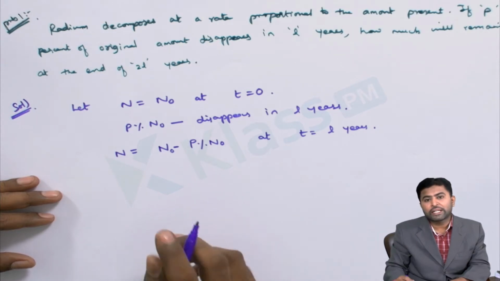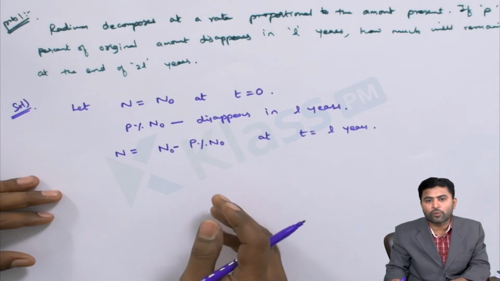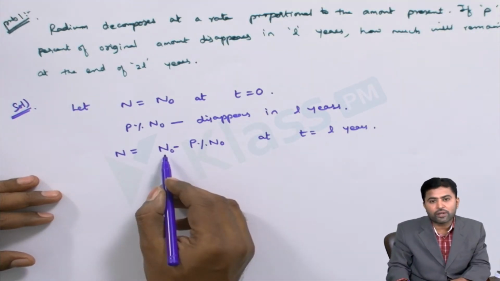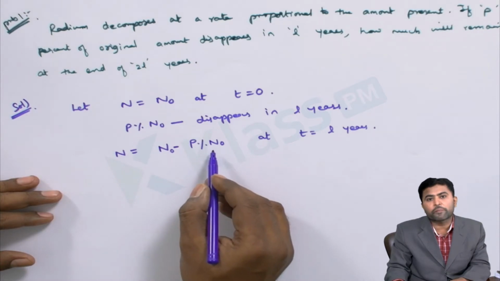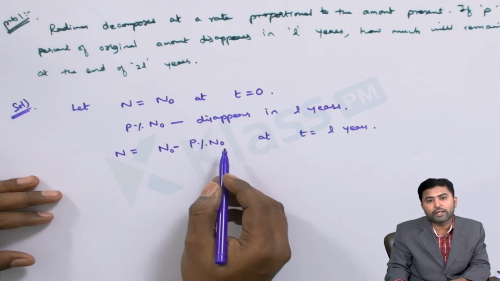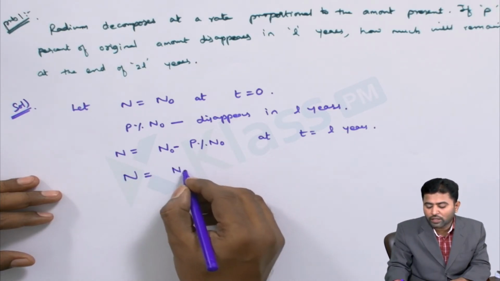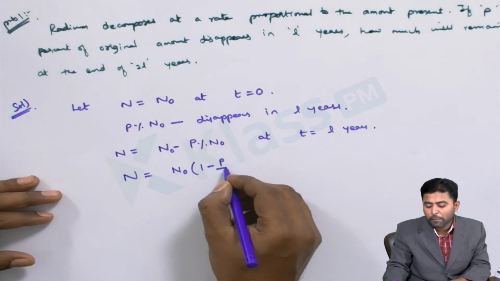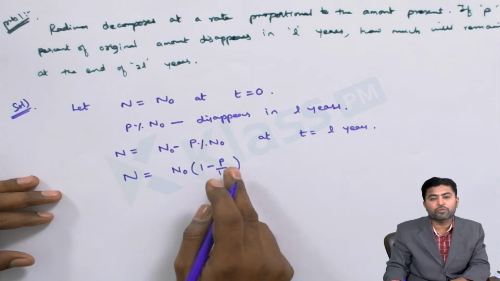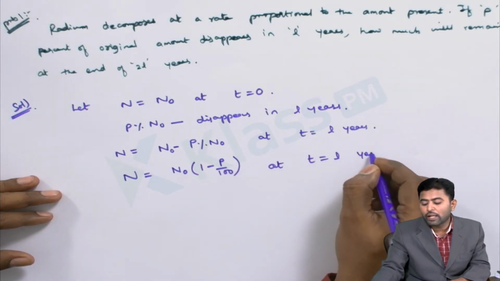From that, take out the amount which disappeared, which was P% of n0. So I got n is equal to n0 minus P by 100 of n0. I can write it as n is equal to n0 into 1 minus P by 100, at time t equal to L years.